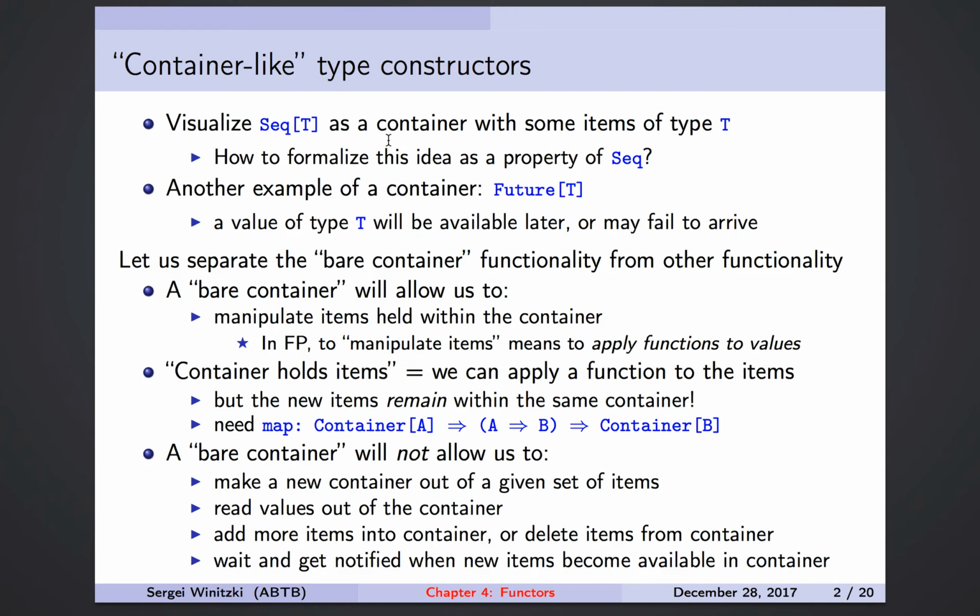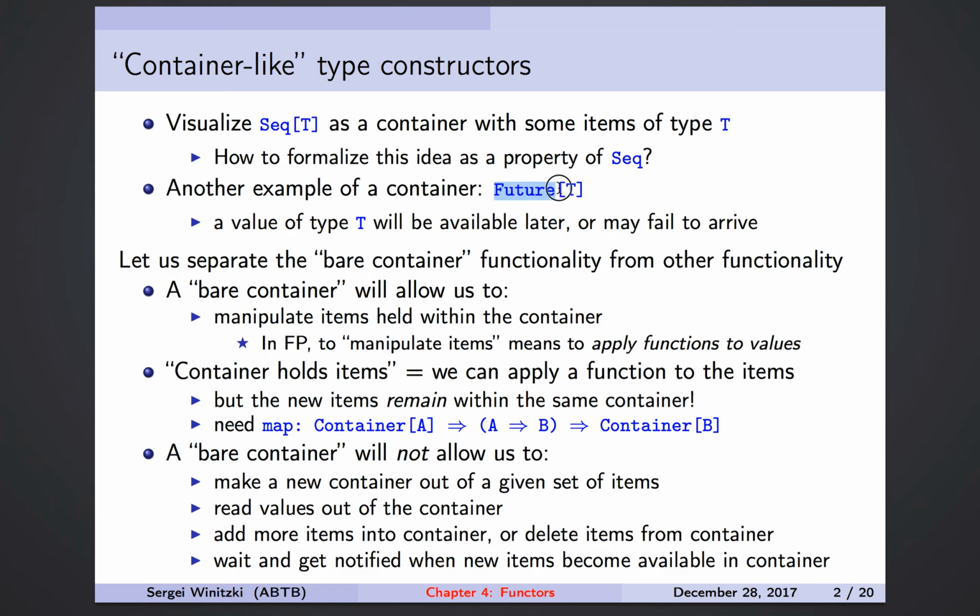How do we formulate this idea that something is a container, some type constructor represents a container, when they're so different? So sequence is one or more values of this type, so you can take one, you can find which one is in the sequence or how many and so on.